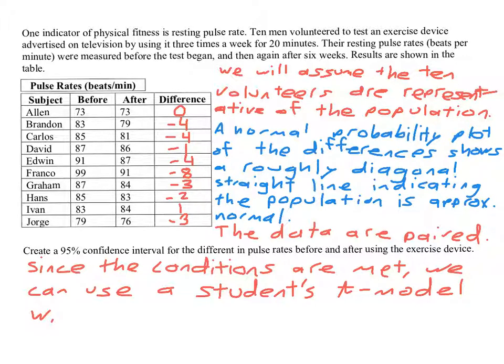So they did the before and after results for 10 different men. So we have 10 minus 1, 9 degrees of freedom. And we're going to compute a paired t-interval.